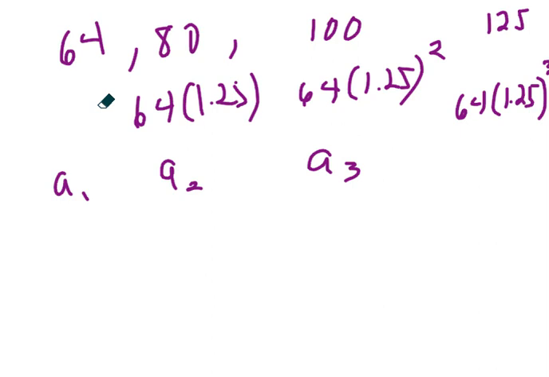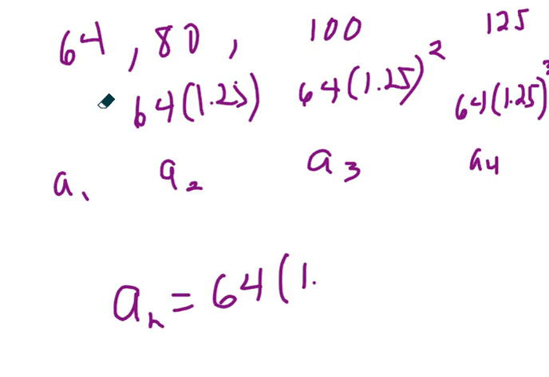1.25 cubed. And in general, if I want the nth term, I'm going to take my first term and multiply by my common ratio. How many times? Well, to get the second term, I multiplied by my common ratio once. To get the third term, twice.